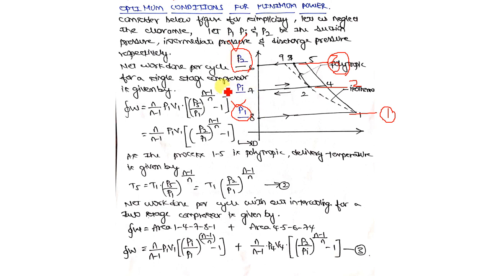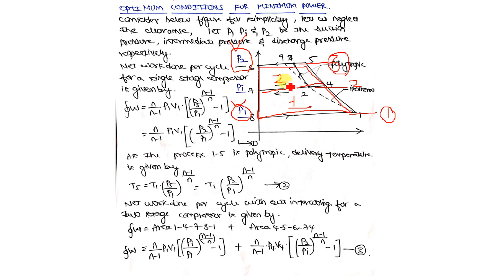This whole process of air compression takes place in two different cylinders, as I have told you in the multi-stage compression process. Here it is a two-stage compressor, that's why it is taking place in two different cylinders. This is your cylinder number 1 and this is your cylinder number 2. So what is Pi?